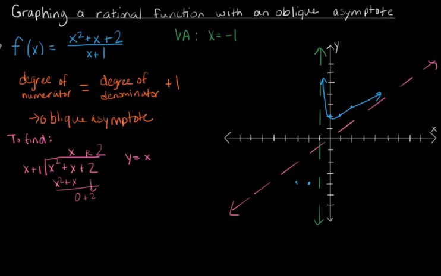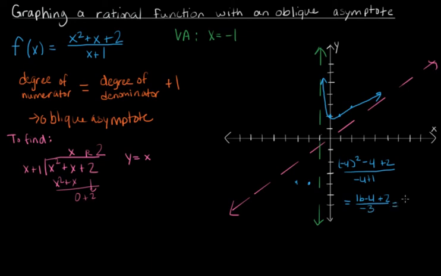So if we plug in -4, we'll have -4 squared minus 4 plus 2 over -4 plus 1, which should be 16 minus 4 plus 2 over -3.